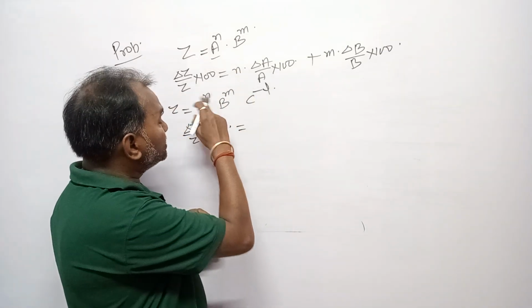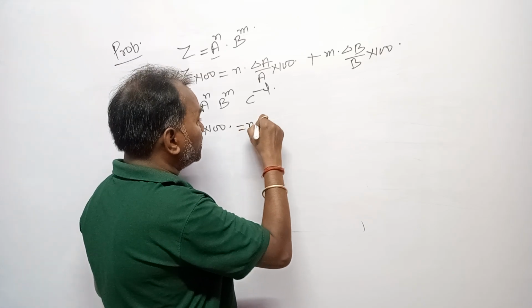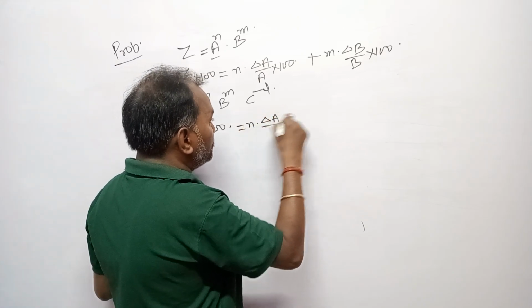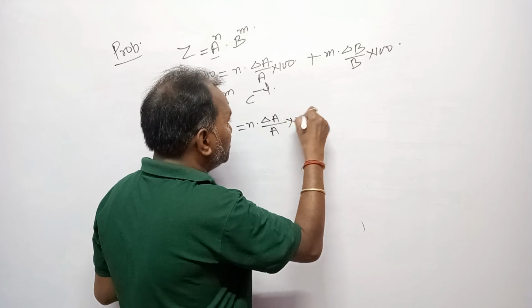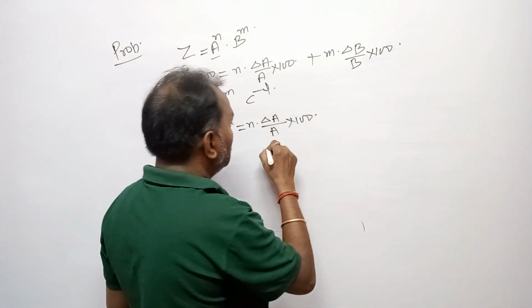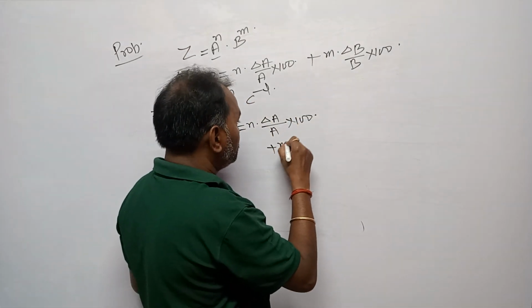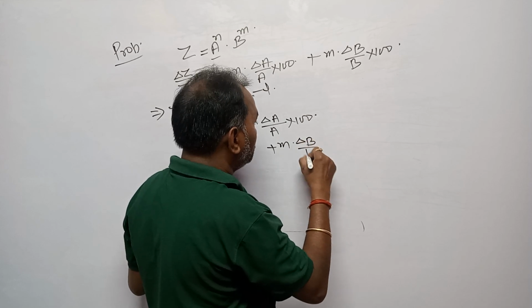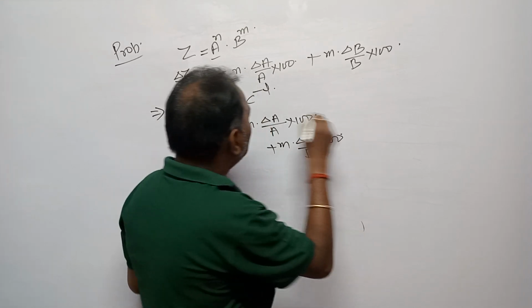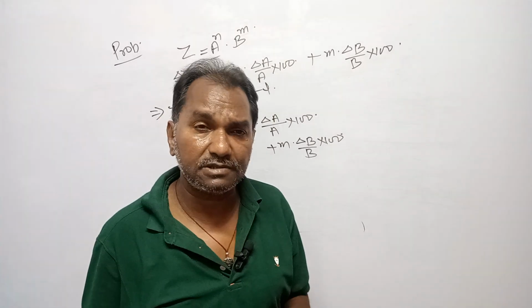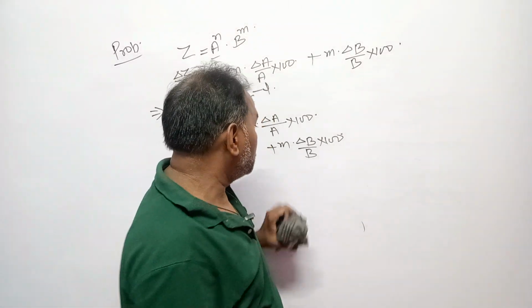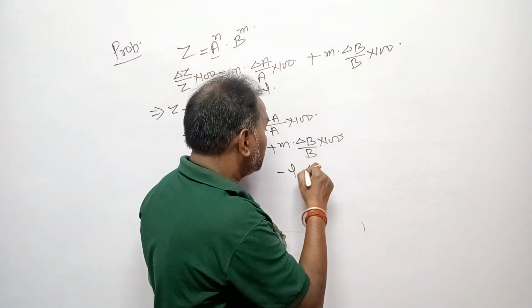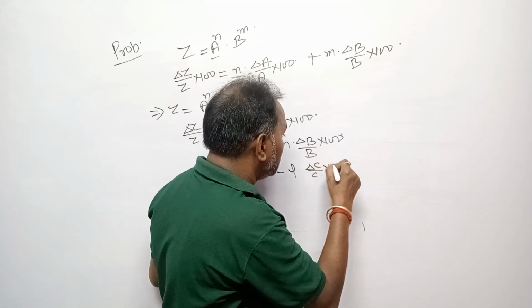Now, dear student, it is a to the power n, so the percentage error here will be this. Now, b to the power m will be plus m delta b divided by b into 100. Now, dear student, it is c to the power minus l, so it will actually be minus l delta c upon c into 100.